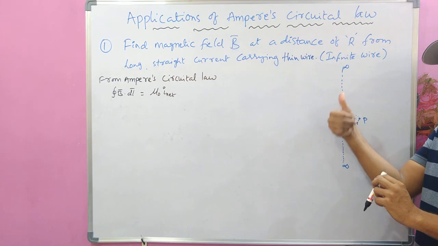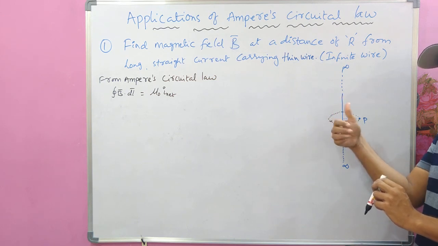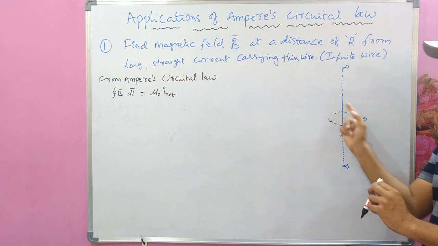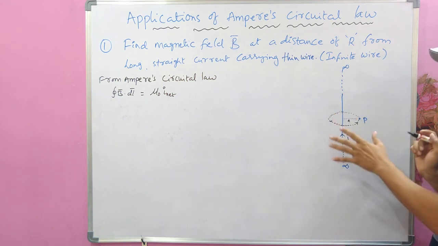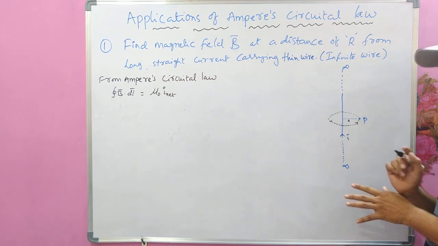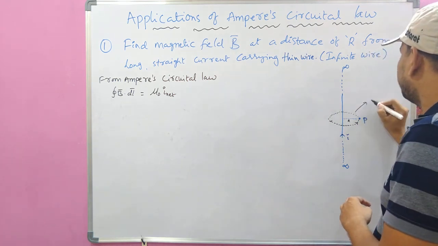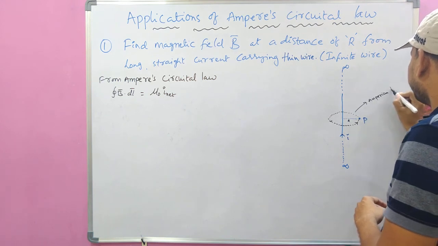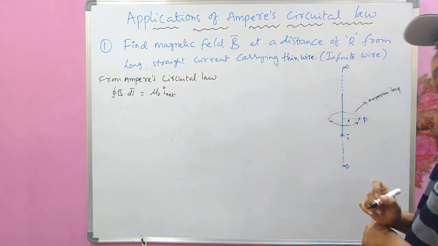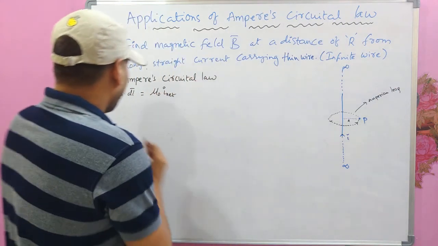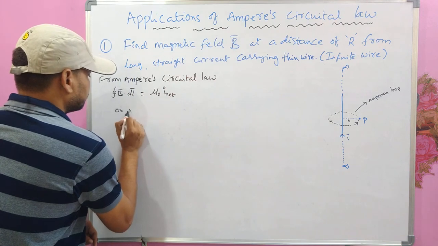Because if you stretch your right hand like this, the thumb represents the current and the four fingers represent the magnetic field direction, and along the magnetic field direction itself I am choosing the path of the Amperian loop. Okay, so this is the Amperian loop that I have drawn, which is an imaginary loop.